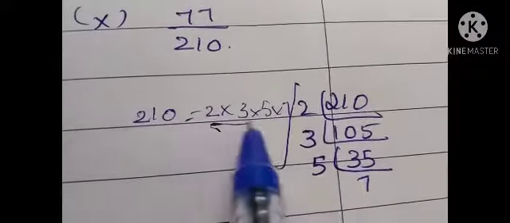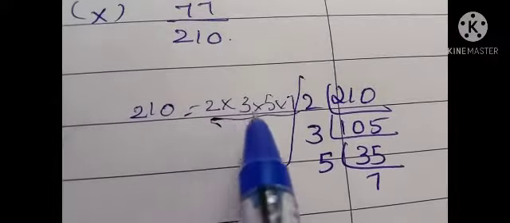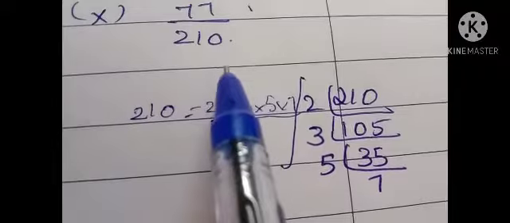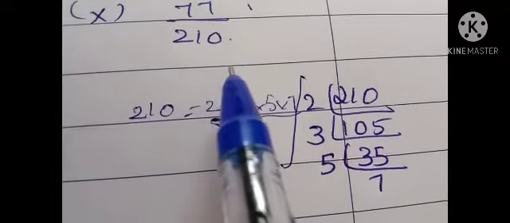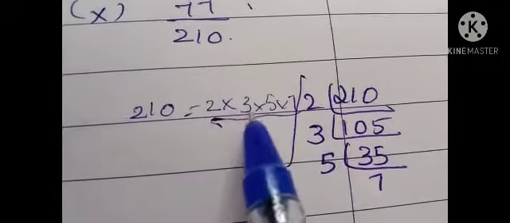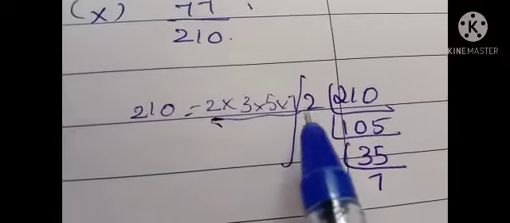From this itself we can identify that this is having non-terminating recurring decimal expansion, because here other than 2 and 5, 3 and 7 are the factors.